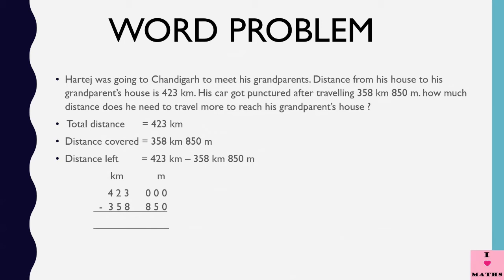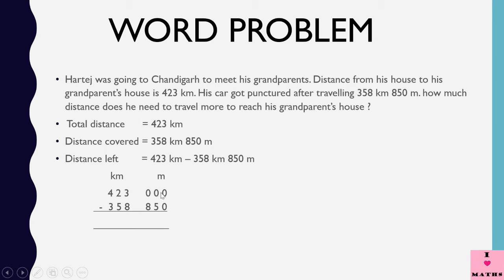So naturally, we have to borrow and make it 1000 meter, and this will become 422 kilometer. Why? Because we have borrowed 1 kilometer from here. And when we borrow 1 kilometer from here, in 1 kilometer there are 1000 meters.